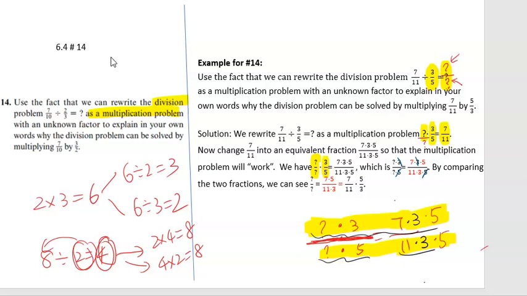So we cross out 3 and 3 from the top and 5 and 5 from the bottom, which tells us pretty much the same thing. The top question mark is going to be 7 times 5. The bottom question mark is 11 times 3. So when we put them together, again, top question mark is 7 times 5, and the bottom question mark is 11 times 3. That's what I did a minute ago.